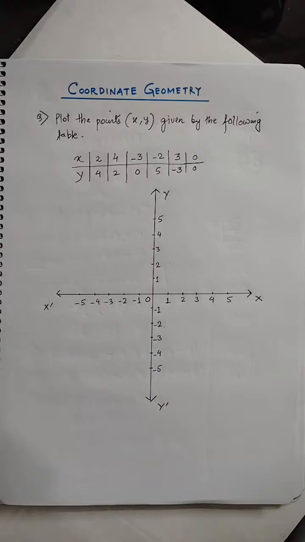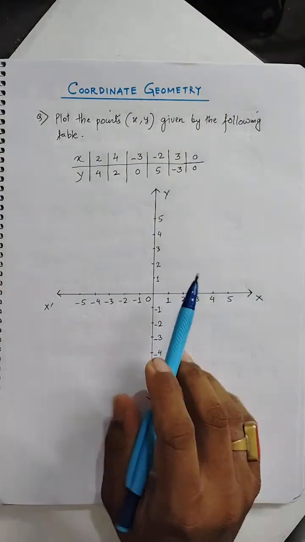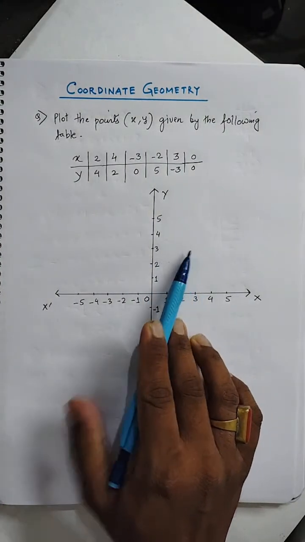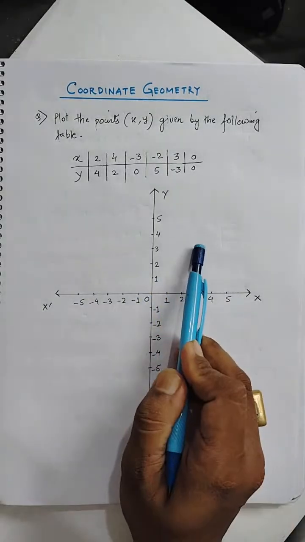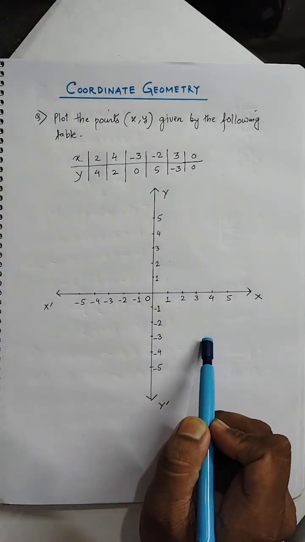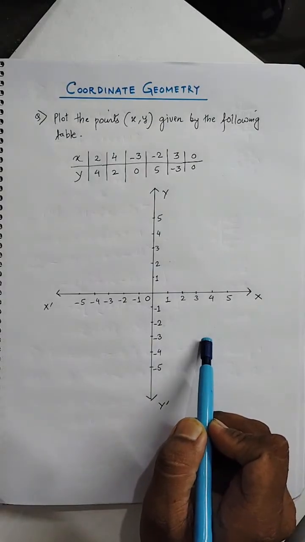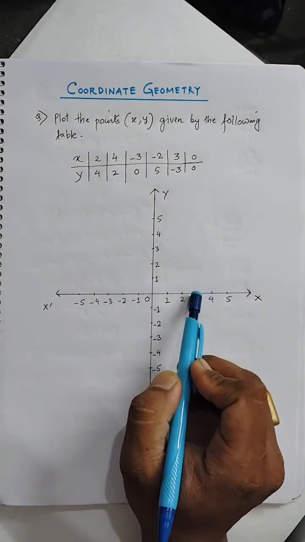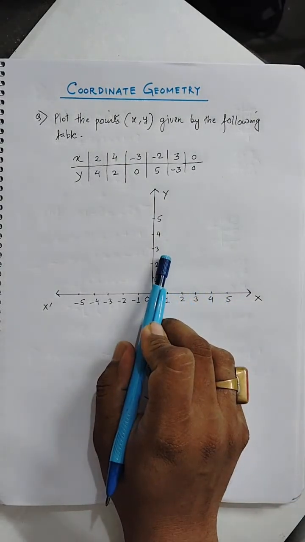So just a quick recap of the names of the quadrants. This is the first quadrant, and moving in the anti-clockwise direction, this is the second quadrant, this is the third quadrant, and this is the fourth quadrant. In the first quadrant, both the x and y coordinates are positive.